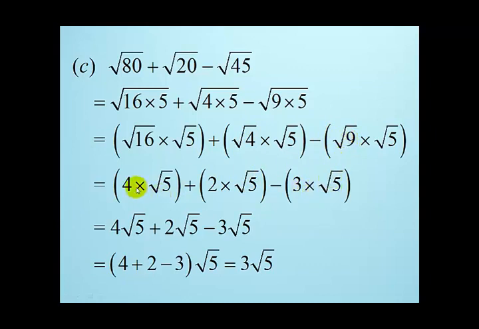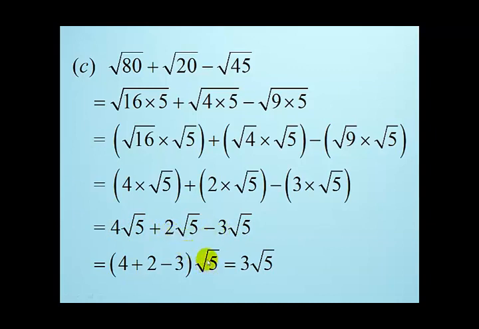Now 4 times root 5 is 4 root 5, plus 2 times root 5 is 2 root 5, minus 3 times root 5 is 3 root 5. Now we can see that they carry the same surd, and therefore we can add and subtract the coefficients. So 4 root 5 plus 2 root 5 minus 3 root 5 is equal to 4 plus 2 minus 3 in brackets root 5.